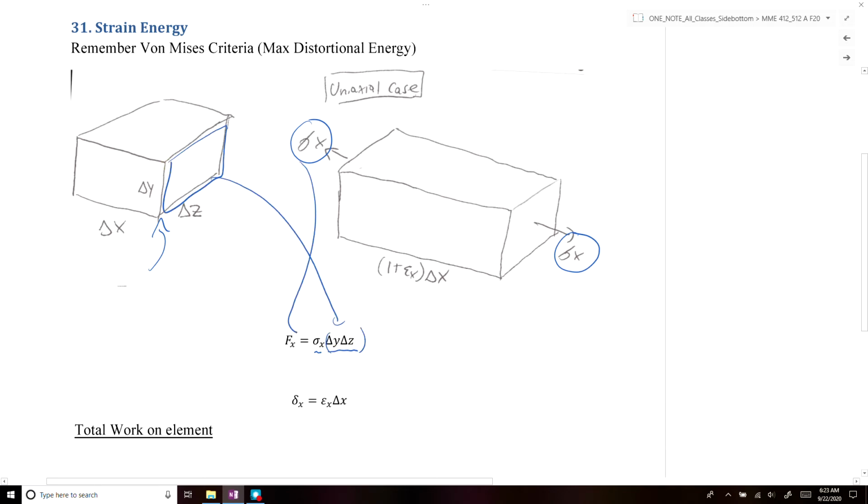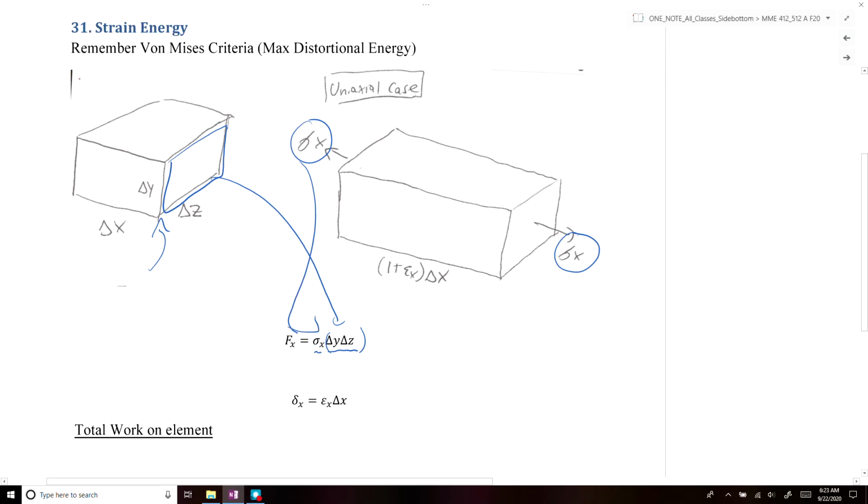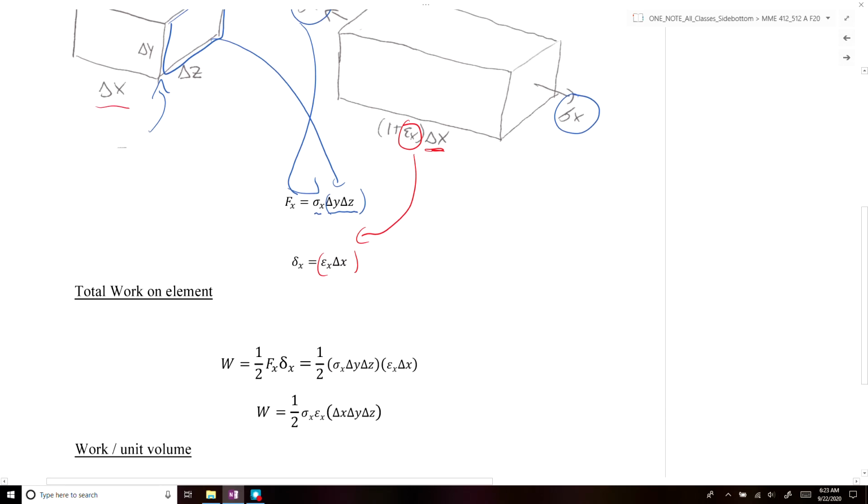And then the displacement of our spring we can think of as being the strain along the x direction times delta x, or the original length. So we can denote the work on the element as being equal to 1/2 F times delta x.